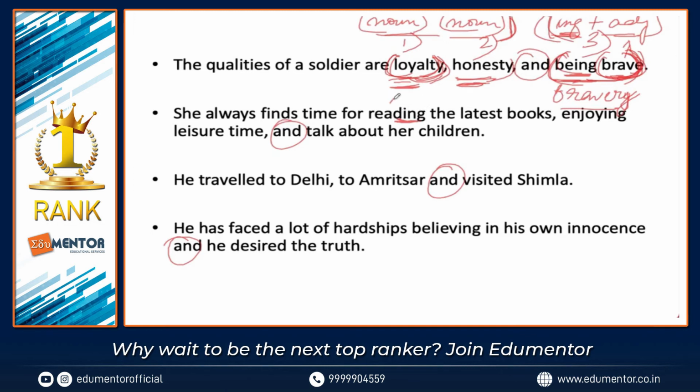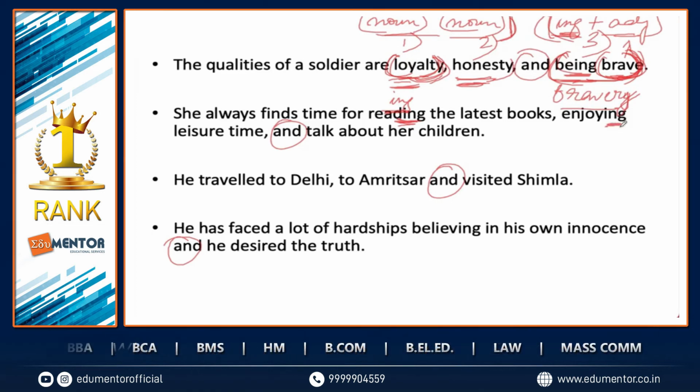The first clause uses an ing form of verb, reading. The second clause is again expressed using an ing form, enjoying leisure time. And finally, the third clause has talk, which is non-ing.